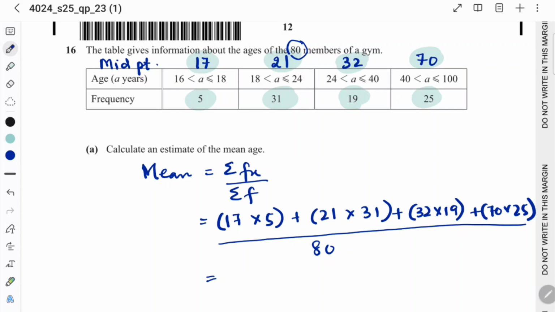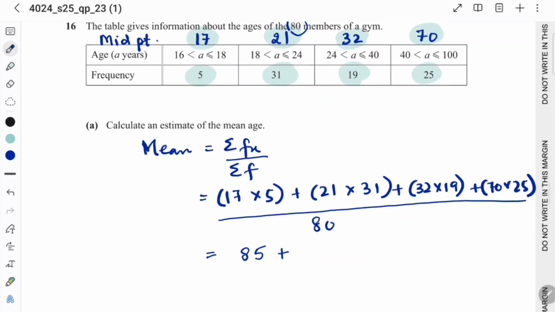Okay, now calculate how much it is. So we have 17 into 5, this is 85, and this is 21 into 31 is 651, and 32 into 19 is 608, and that is 70 into 25. It's very easy to multiply, that's why I'm not showing on the calculator.